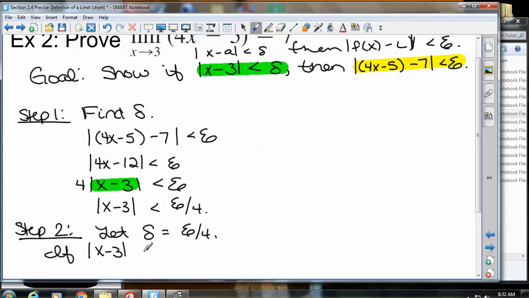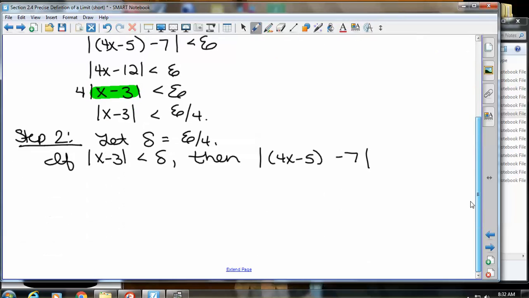If the absolute value of x minus 3 is less than delta, then the absolute value of 4x minus 5 minus 7. Now I have to prove that that is smaller than epsilon. So once I get a less than epsilon in this problem, I'm done. We're trying to prove this statement. So I started out with this part. We need a less than and an epsilon, and then we're finished.